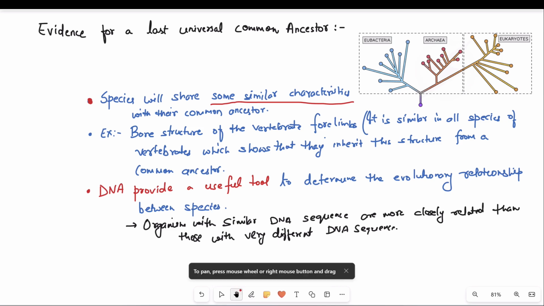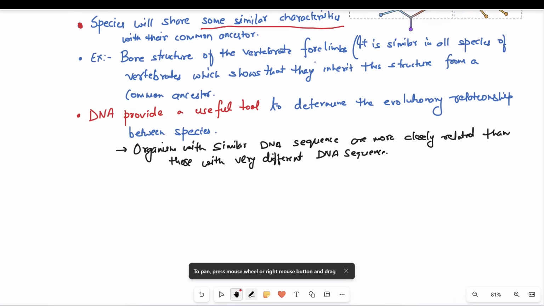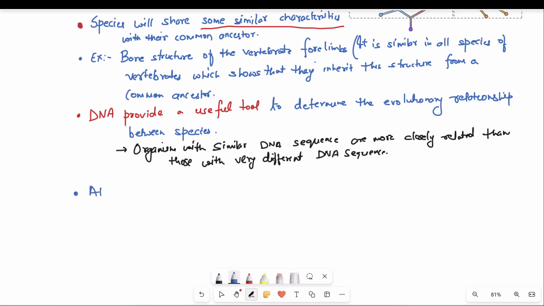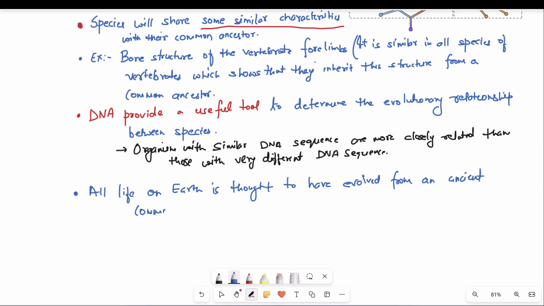And we know that life originated around 4 billion years ago, right? So that is also giving a kind of evidence that all life on earth is thought to have evolved from an ancient common ancestor, right?